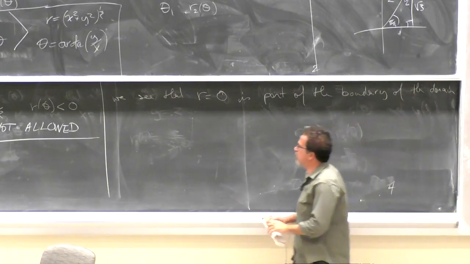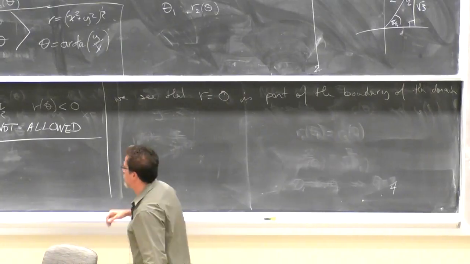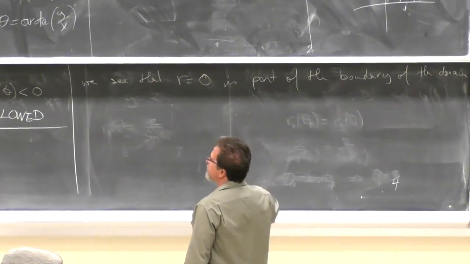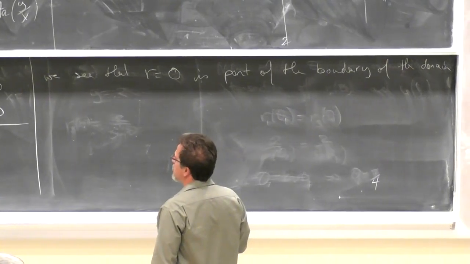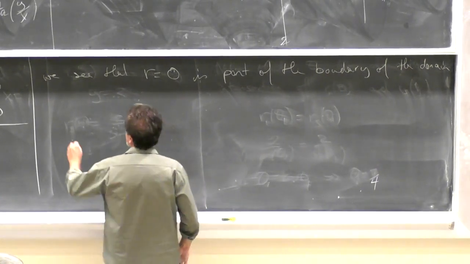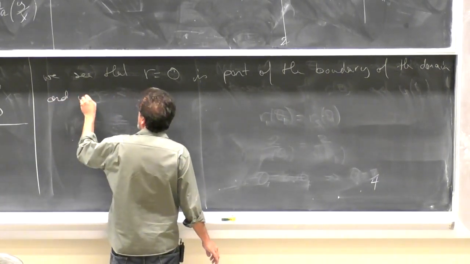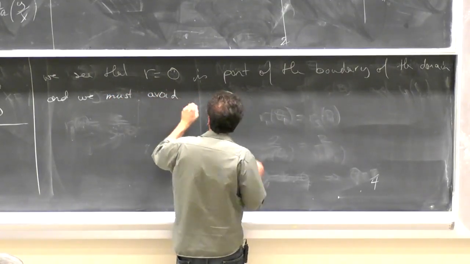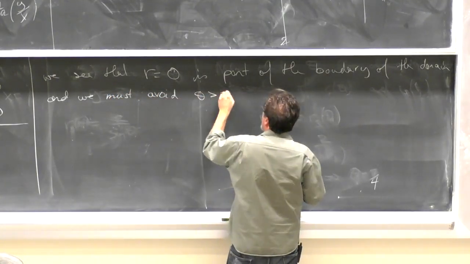R equals 0 is part of the boundary of this domain. Okay? Now where am I going with this? And we must avoid theta greater than pi over 2.